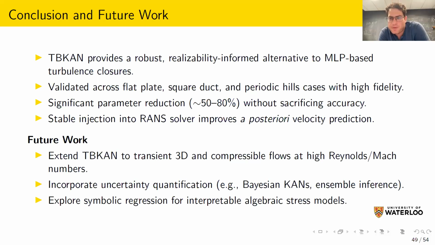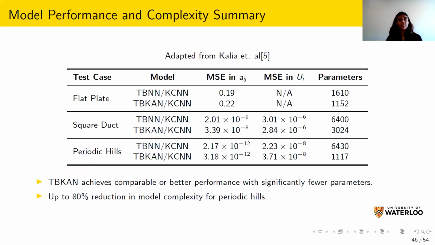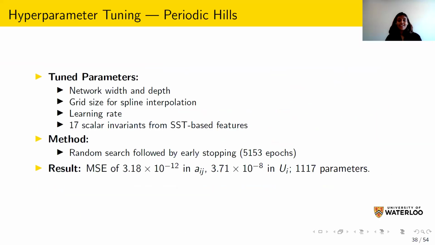Right. So for the unsteady RANS, we haven't really used it. That's a really good question. I would assume that you can still get your invariants from your URANS simulation, where you use probably some sort of two-equation model.